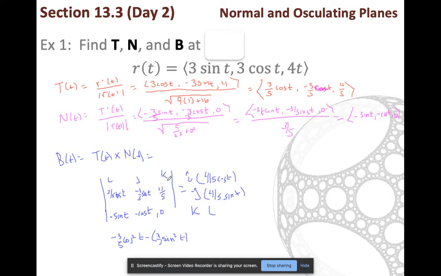Factor out a negative 1, and you're going to have that 3/5 there. Don't forget you have this negative out here.